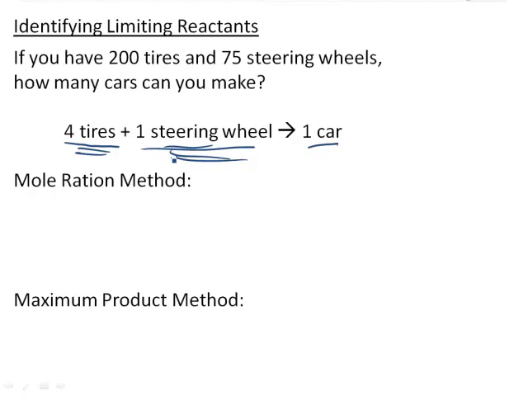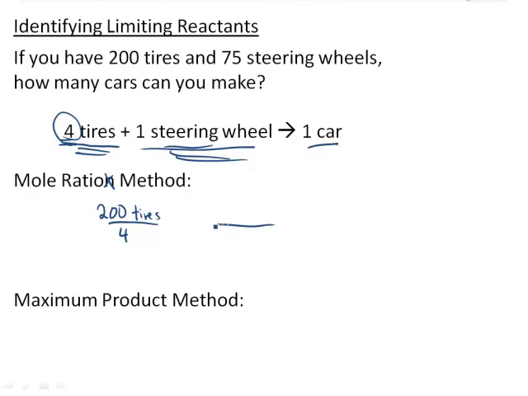There's a mole ratio method. And what you do is you take the amount of something you have and divide it by the relative number you need. So you take 200 tires and divide by 4, because you need 4 tires for each car made.